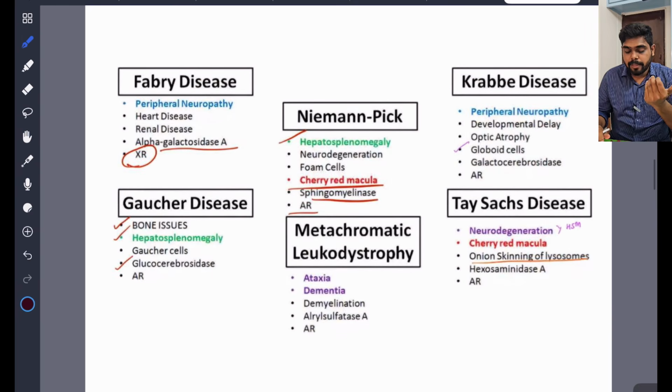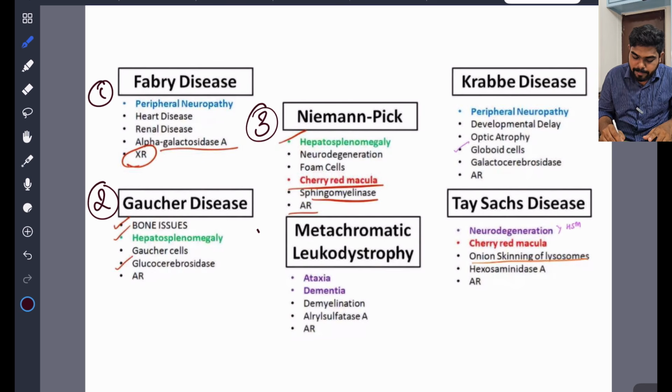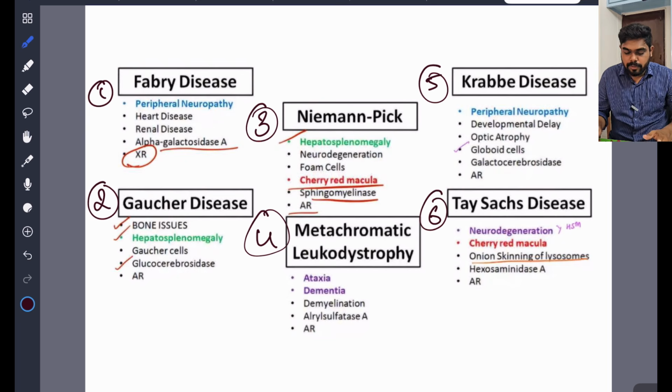Before that, I am telling something, and again this will be discussed later. So we have Fabry's disease, Gaucher's disease, Niemann-Pick disease, metachromatic leukodystrophy, Krabbe's disease, Tay-Sachs disease. So these are important ones. Still we will discuss a few other things also.